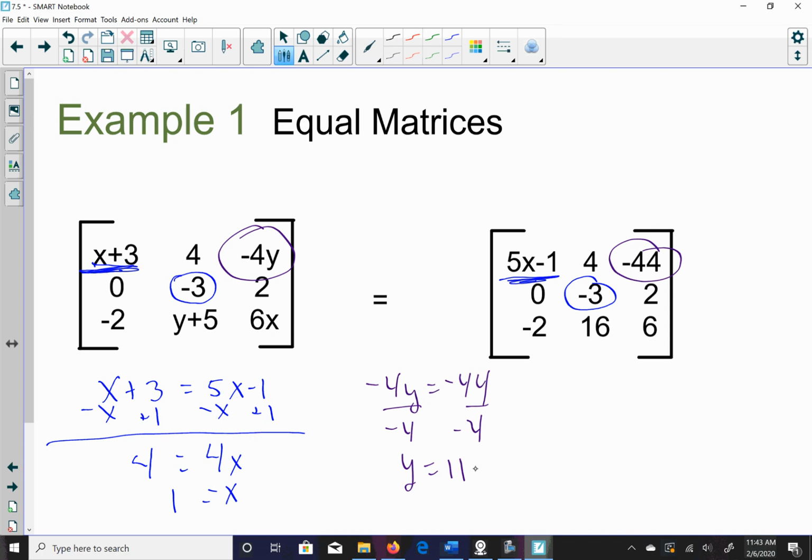I could have also chosen any other combination, as long as I'm using the same corresponding part of one matrix to another. So if I wanted to solve for x, I could have used this 6x and this 6. I'm still going to get 1. So it doesn't matter which one you use. You just have to use a corresponding element from one matrix to another.